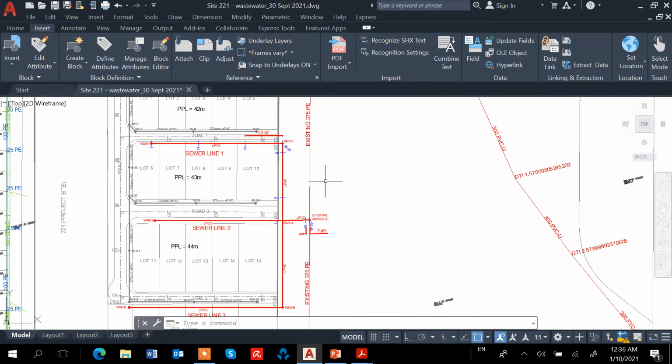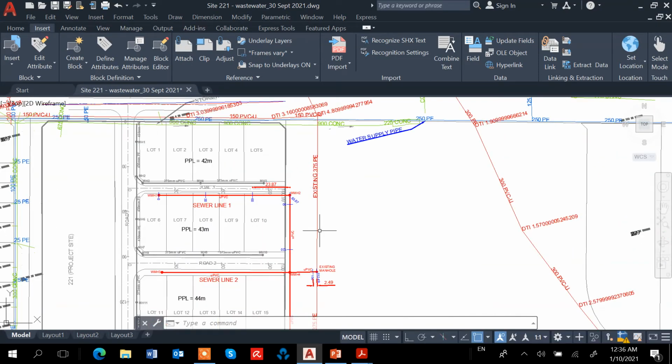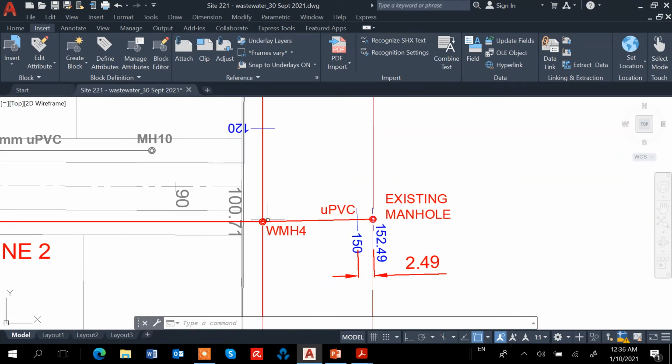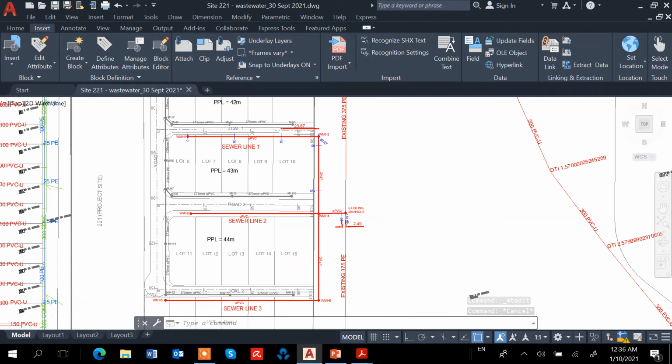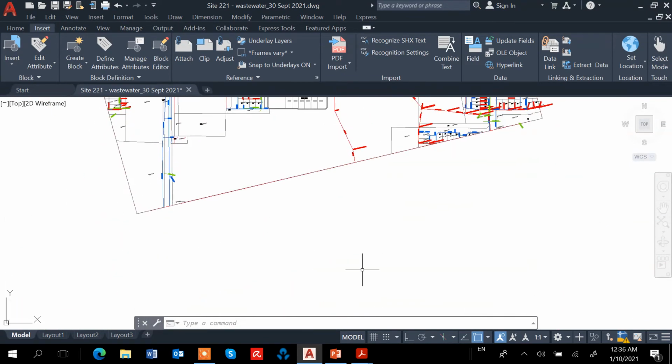And same thing we do for this one as well. How far is it from here to here? I just copy. I think I will just show it, because I don't want to take too long. Actually I've done that earlier.